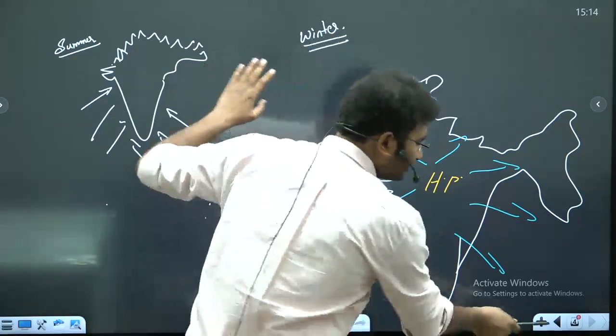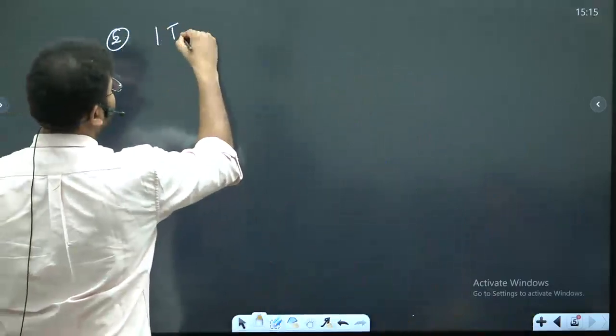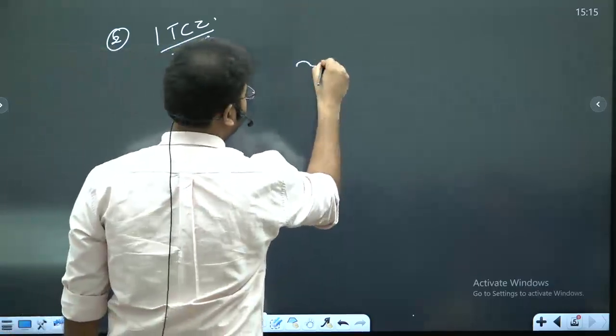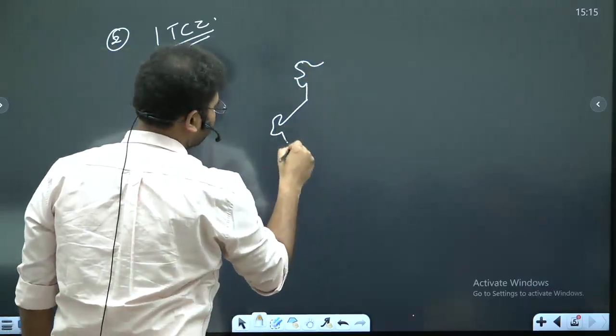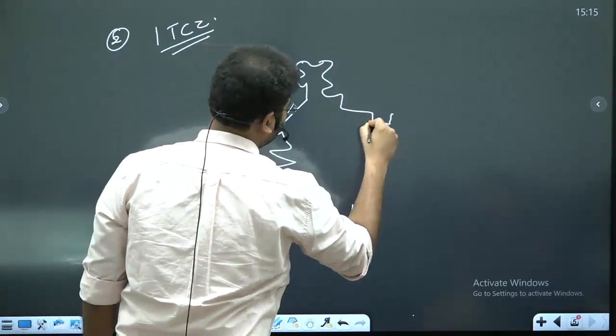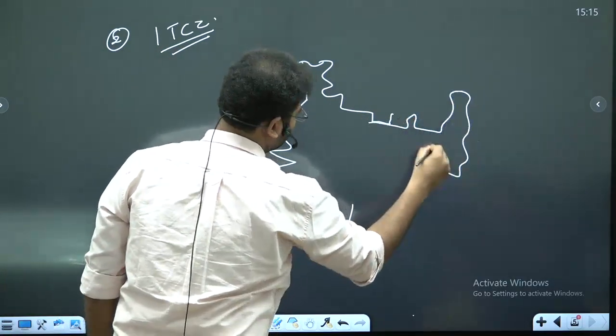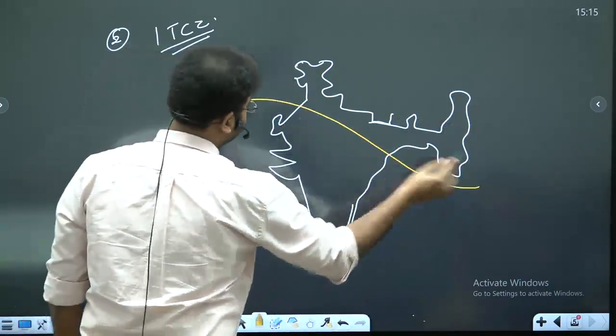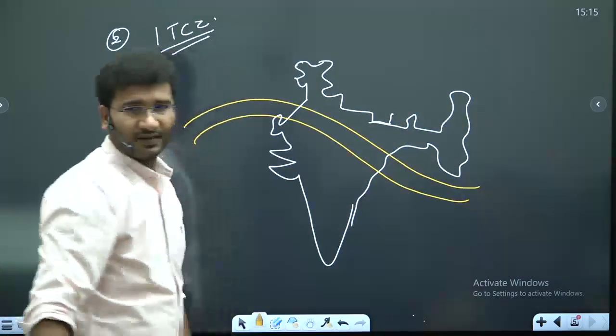Now, the next stage, the second theory that you need to know is ITCZ, that is nothing but the intertropical convergence zone. So during the months of summers, you know that our ITCZ zone is somewhere here, right?